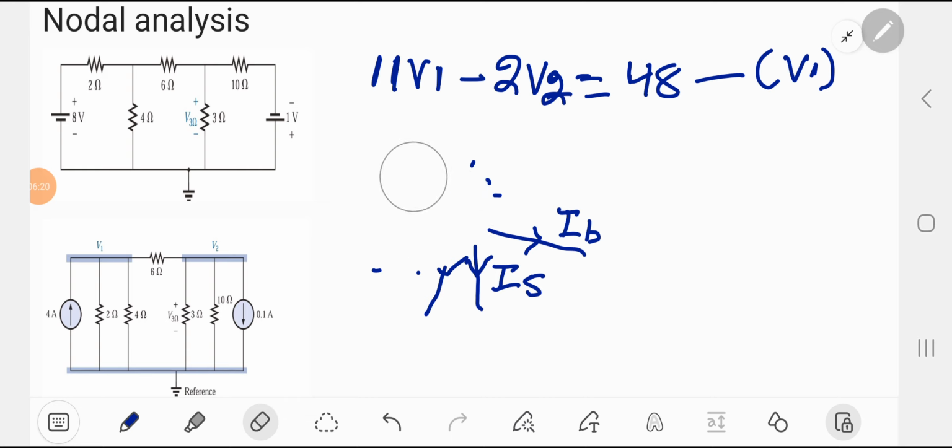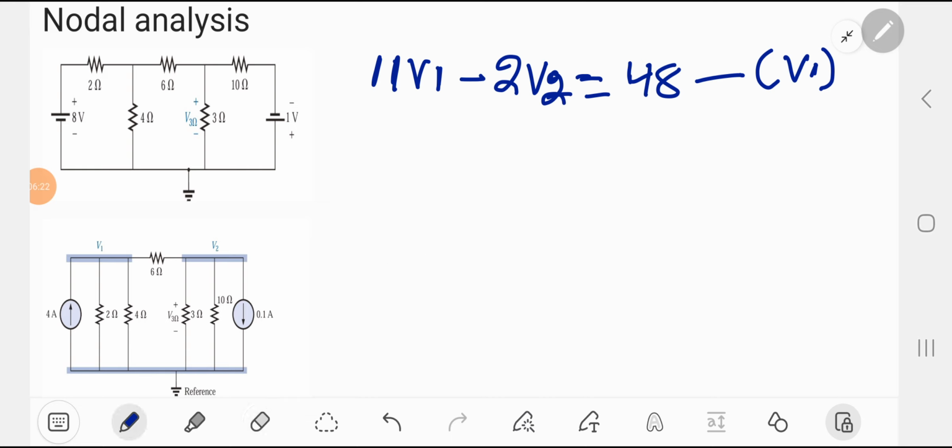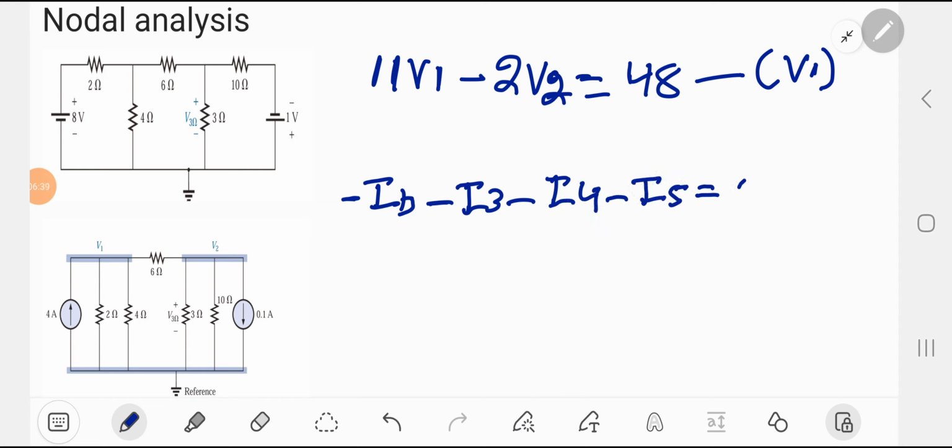So let's put the equation for this. We have minus IB minus I3 minus I4 minus I5 is actually equal to 0.